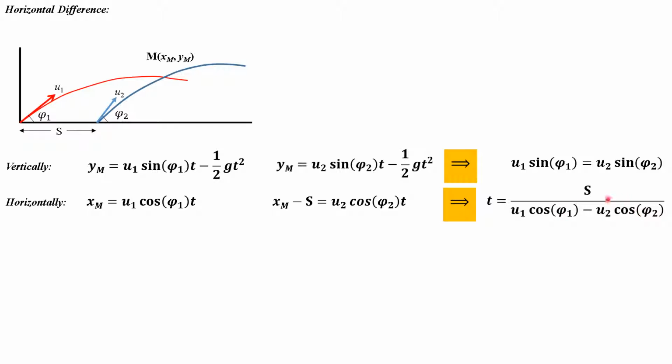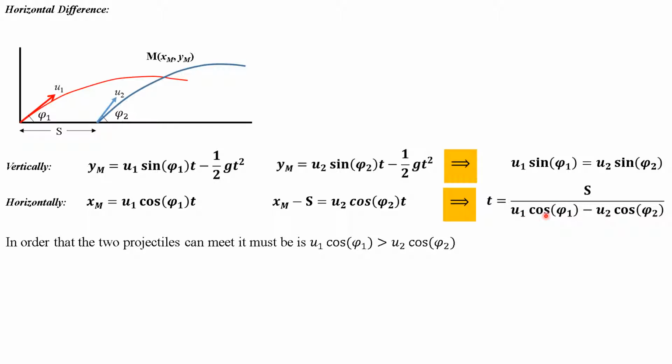Definitely this t has to be a positive number. Once it has to be a positive number, then this must be greater than 0, which means u1 cosine phi 1 must be greater than u2 cosine phi 2. Otherwise, the meeting or the crossing at the same time cannot be possible.